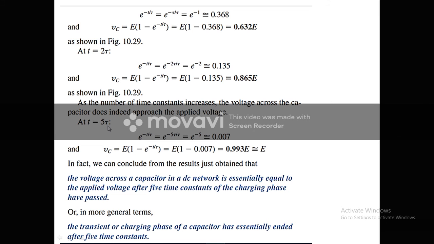For different circuits we have different tau values, but 5 tau is the universal time to completely charge or discharge. For any circuit, if the tau value is greater, it will take more time to completely charge or discharge the capacitor.